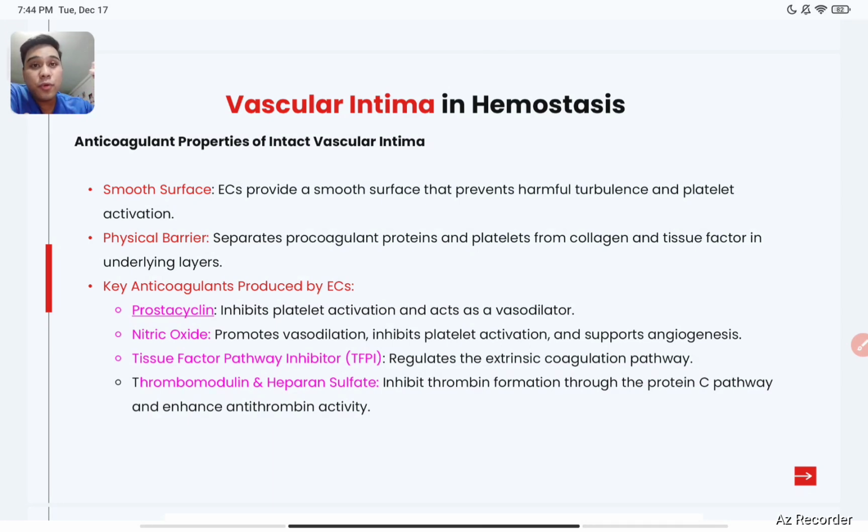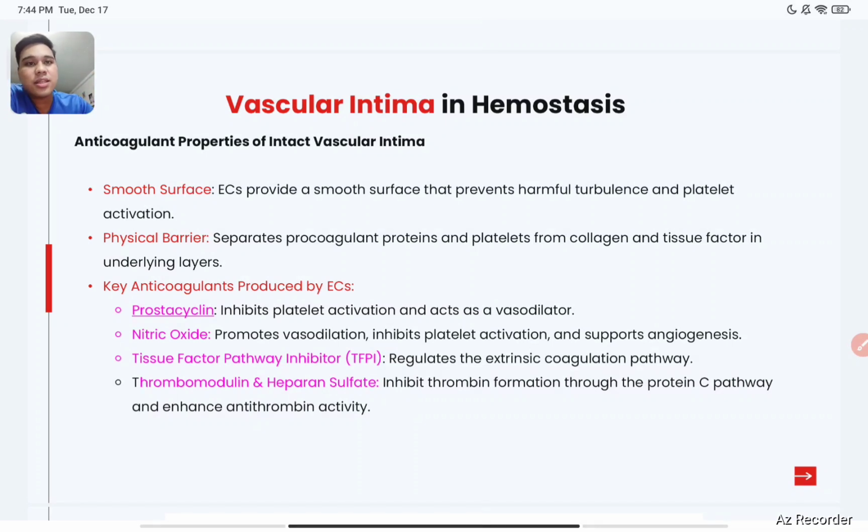So the smooth surface as provided by the tunica intima, it prevents now turbulence para easy lang kumbaga yung pag-flow ng blood na nandyan. Kasi once na may disruption of the flow of blood, like in the presence of thrombus or yung mga taba na naiipon by your LDL or in atherosclerosis, nagkakaroon ng turbulence which now initiates your clotting system or coagulation cascade.